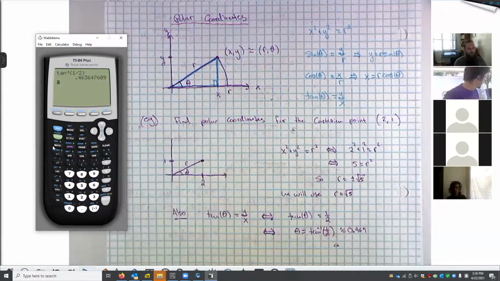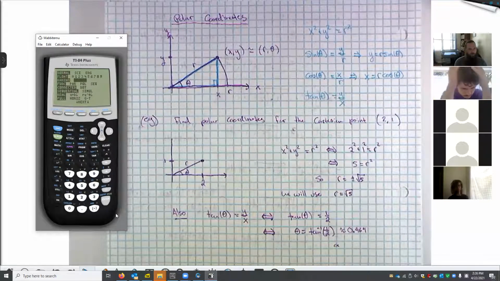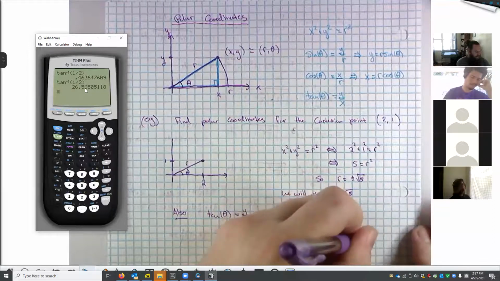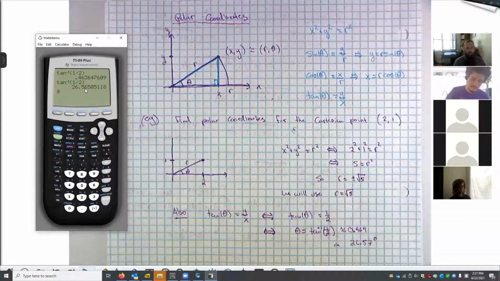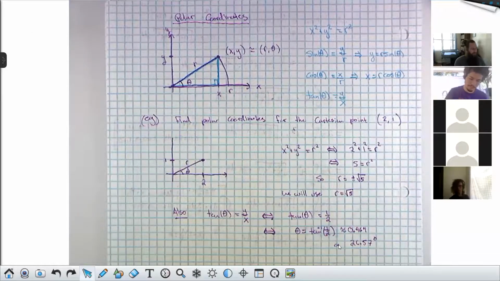Or if I want it in degrees, I get about 26.57 degrees. Now we usually work in radians, and I would just leave this as the inverse tangent of 1/2.